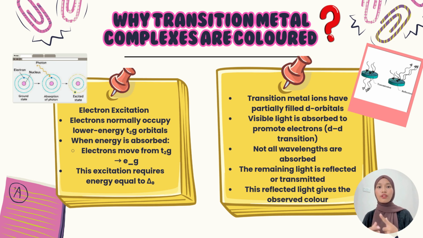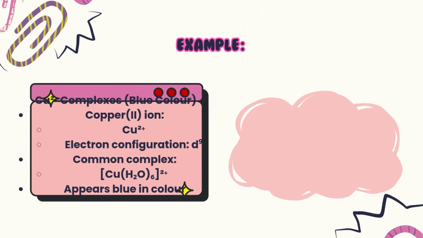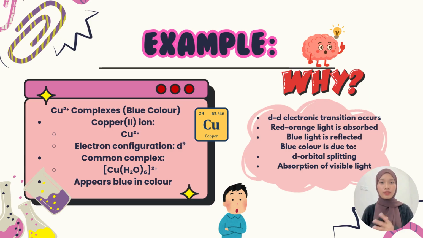So overall, the color of a transition metal complex depends on the value of the crystal field splitting energy, which is influenced by the type of the ligands and also the geometry of the complex.